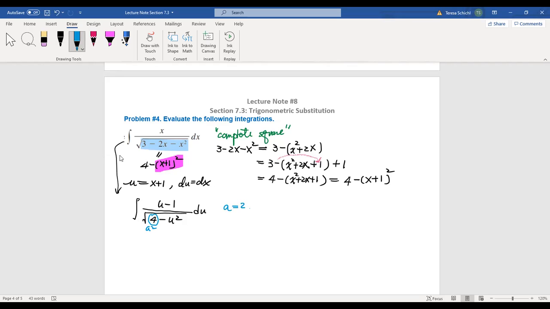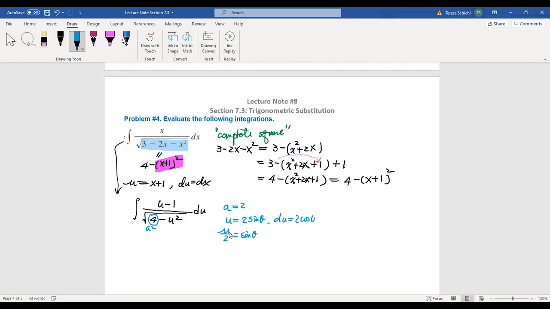Because a is 2, I know my substitution will be u equals 2 sine theta. Am I right? Then do the same thing like we did before: u over 2 is equal to sine theta. Then du is equal to what?